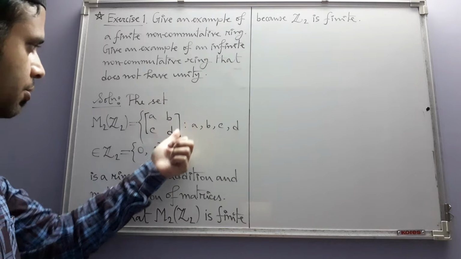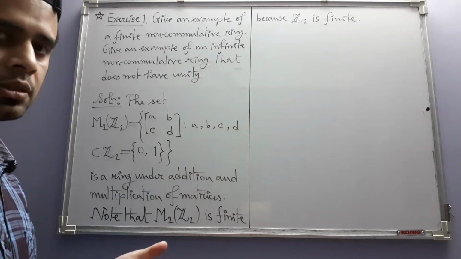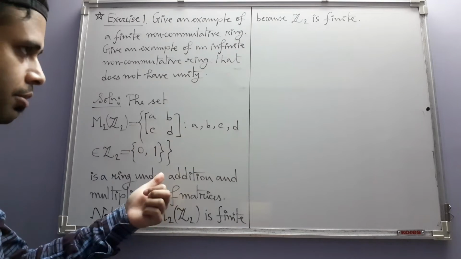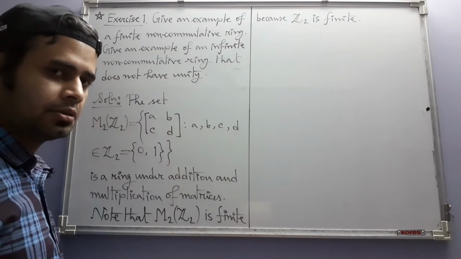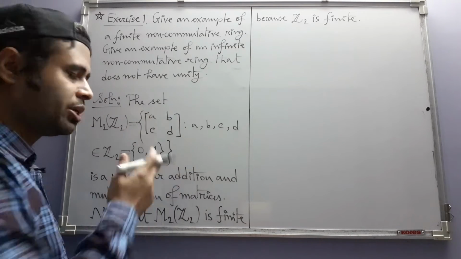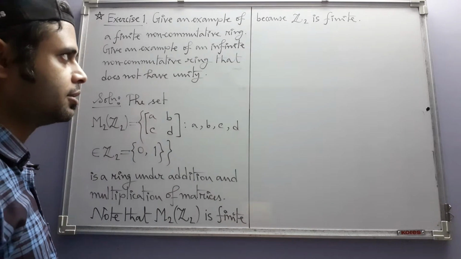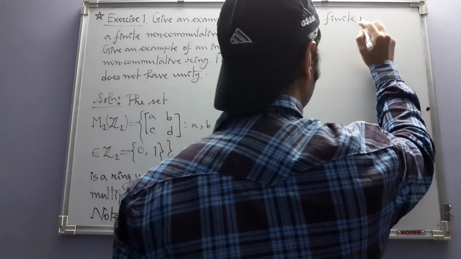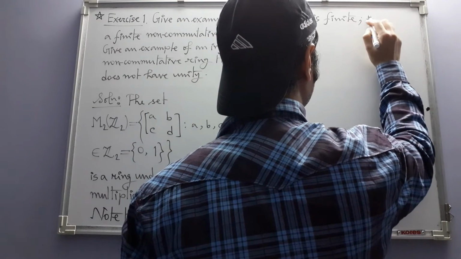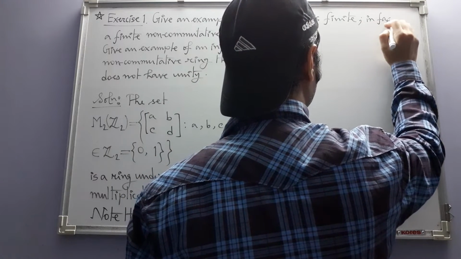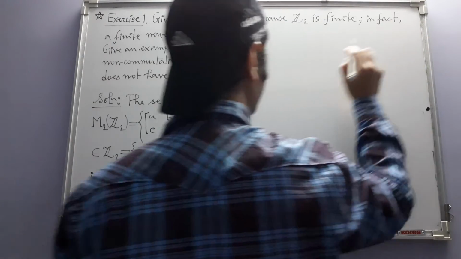So the possible number of matrices that you can form is finite, because you have only so many choices for each of these entries in a single matrix. And in fact, if one wants, one can calculate the exact number.